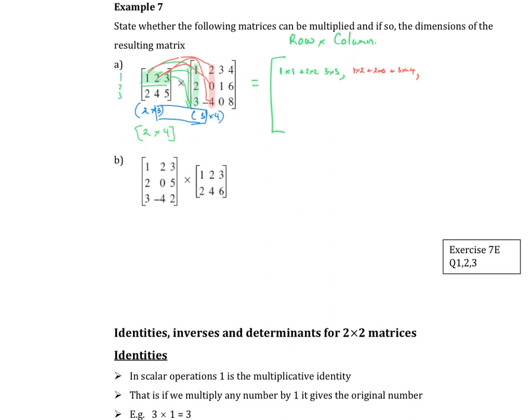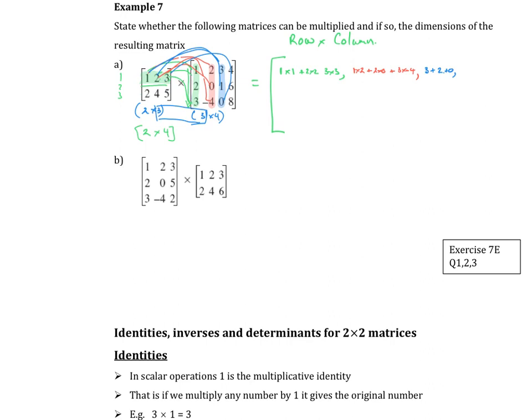Then I'm going to go to these numbers, the same row times this column. That'll give me 1 times 3, which is 3, plus 2 times 1, which is 2, plus 3 times 0, which is 0.